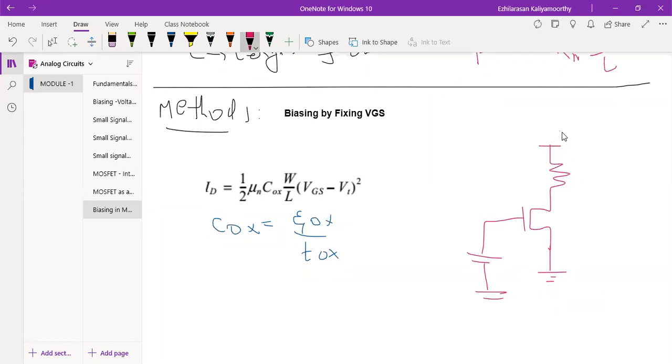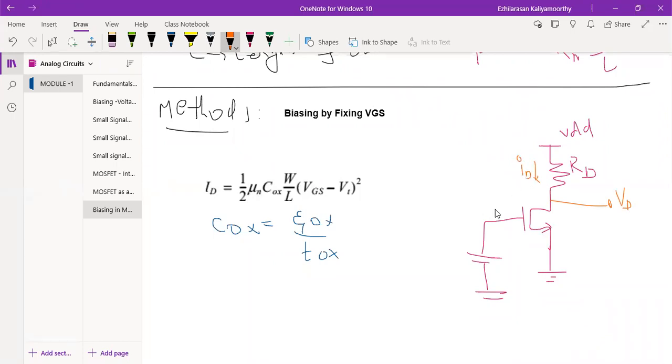This will be your VDD. This is NMOS actually, so you have to put it like this. Then this will be your RD, that is drain resistance. Then here we'll have the drain voltage, that is output VD. Then this will be ID.